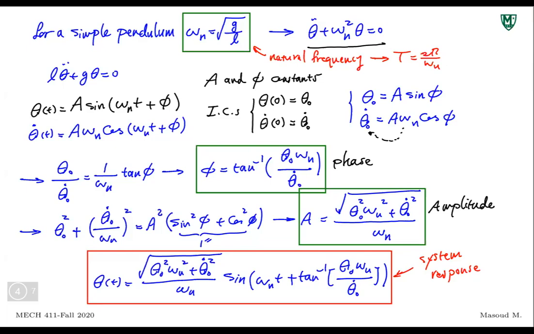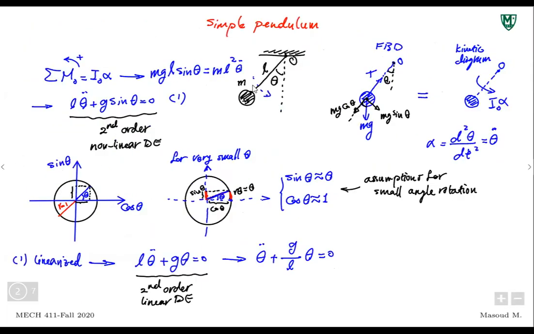Okay. Any question up to here, folks? Did it make sense? Where did we start? We started from the pendulum. We drew the free body diagram and kinetic diagram. We wrote down the equation of motion. It was a second order nonlinear differential equation. So I linearized that with the explanation I gave you about what happens when theta is small. That's the very big assumption we have to keep in mind.